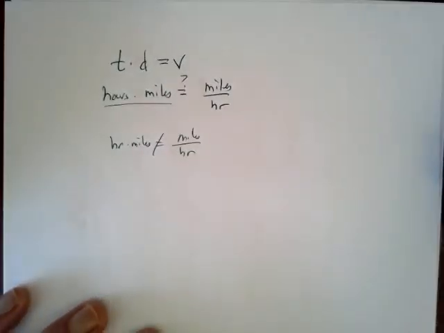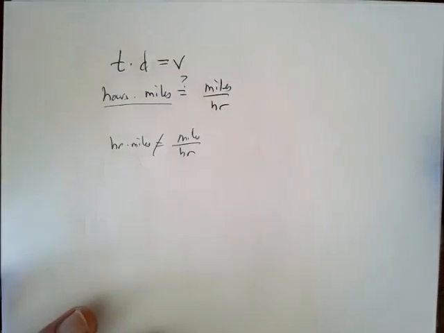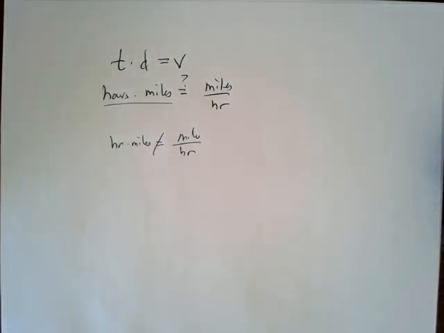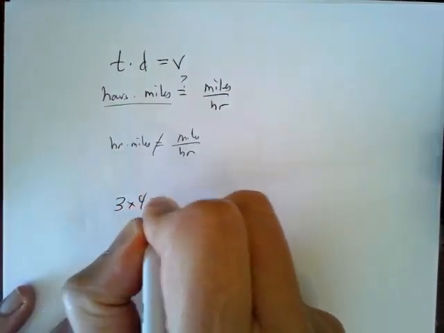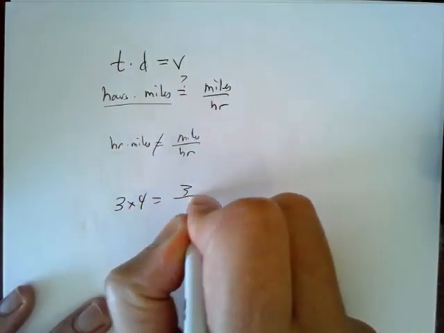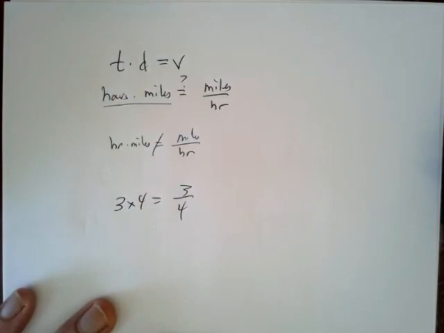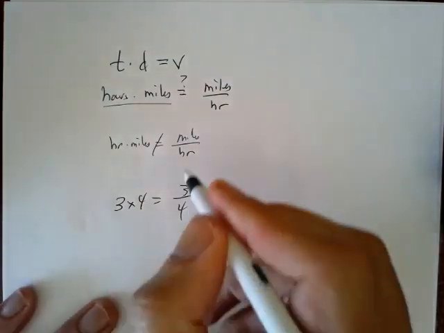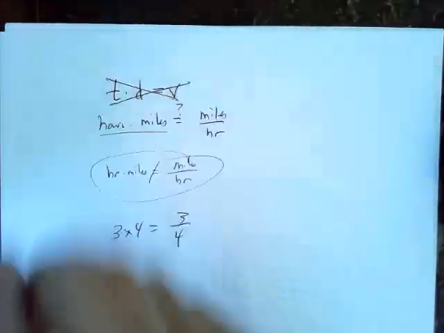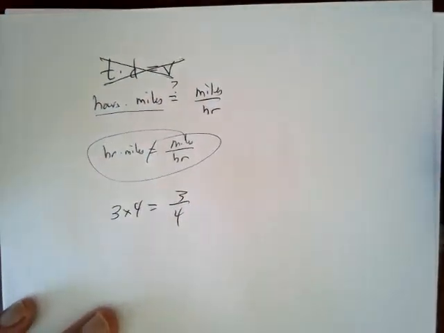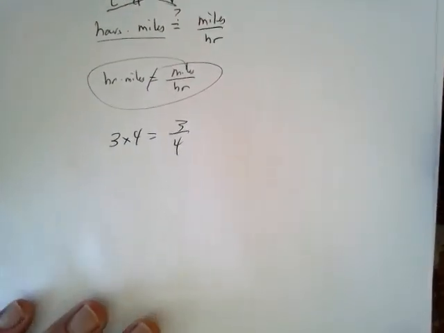There's a difference there. And we again just can't wave our hands and say, oh, well, close enough. Because we wouldn't say 3 times 4 is equal to 3/4, right? We know that's wrong. So this should be equally incorrect to us. So that can't be right either.